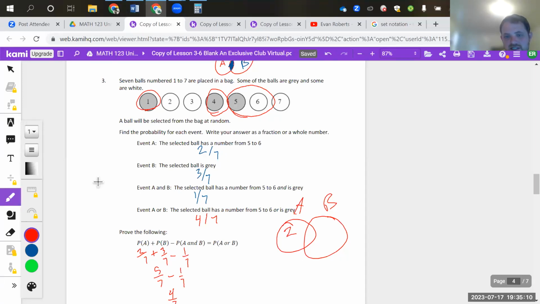The probability of it just being gray was 3 balls. And then the overlap in the middle was just 1 ball there. And this is when they were 5 to 6 or gray. So that's kind of what the Venn diagram would look like. And then if there was a little box outside, there was only 1 that wasn't accounted for.